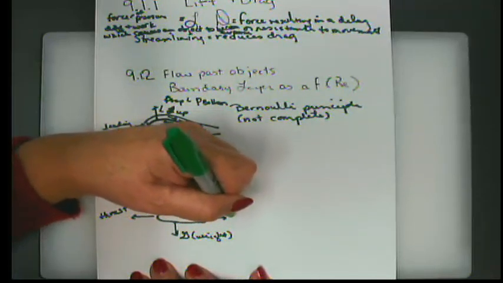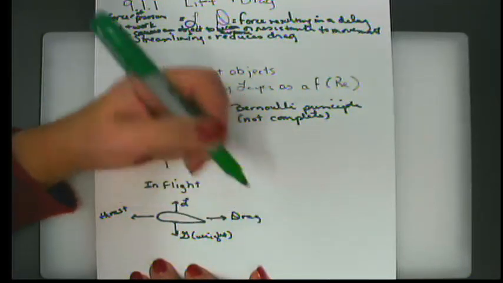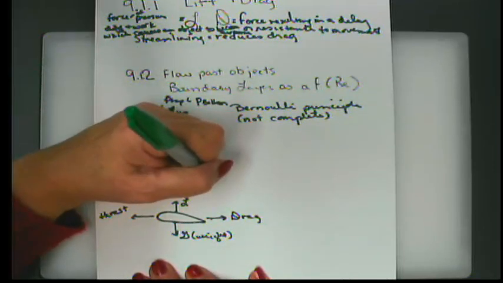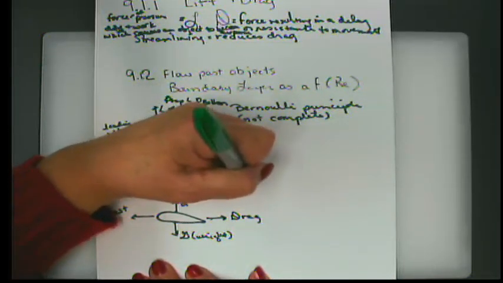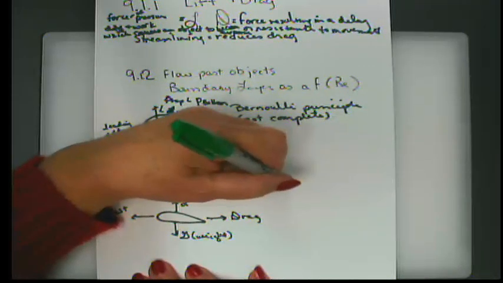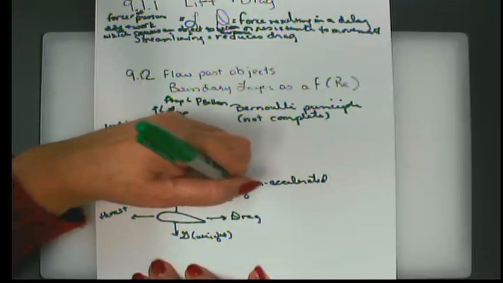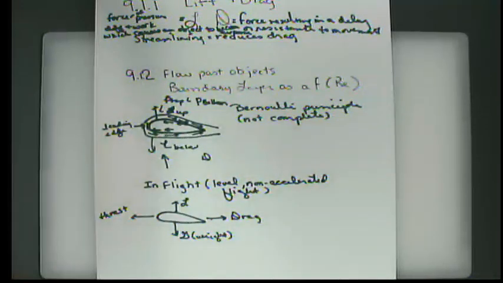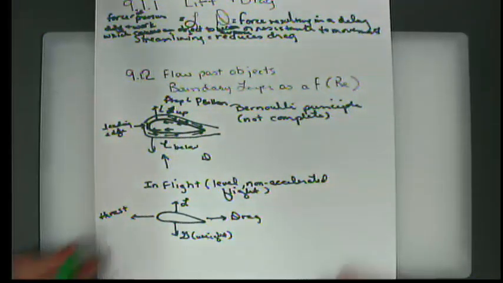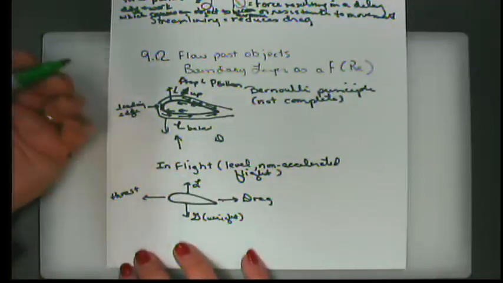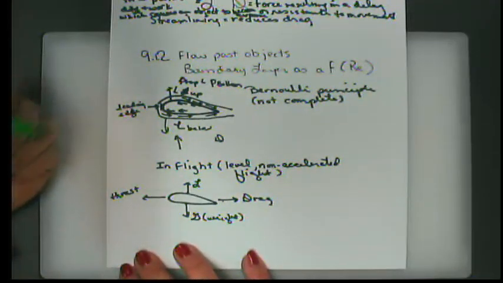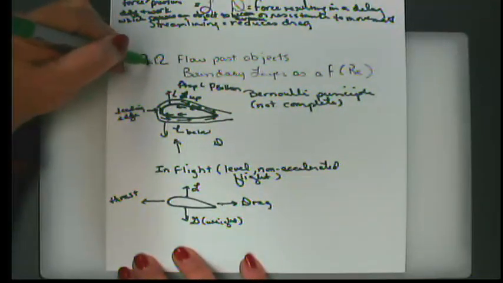Balancing drag. All right, and so this is level, non-accelerated flight. So it looks relatively simple, but it certainly makes a big difference in modern living, the way that this allows us to achieve the miracle of flight.